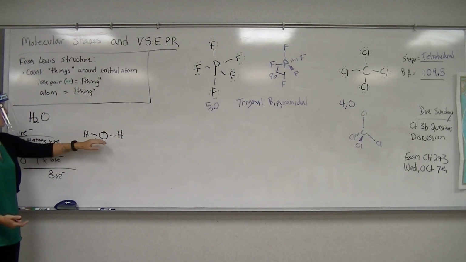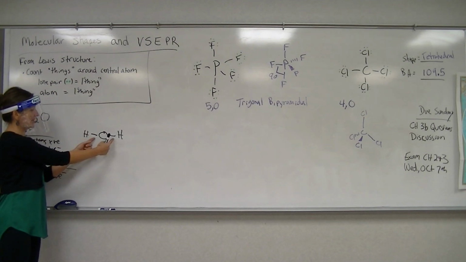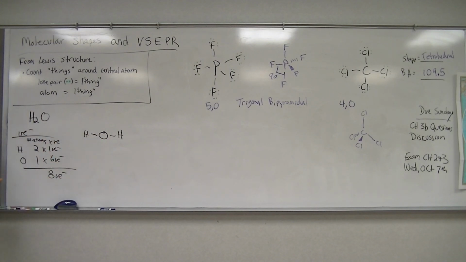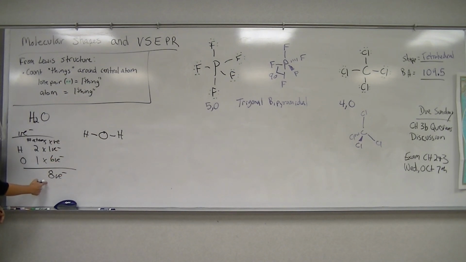So how many does oxygen have? Because now we worry about the central atom. 4. Well, he donates 6 to the cause, but he has 4 in this structure that we've drawn. 2 for this single bond and 2 for that, so 2 and 4. So he needs how many more? 4 total. So we got to see how many we've used, right?